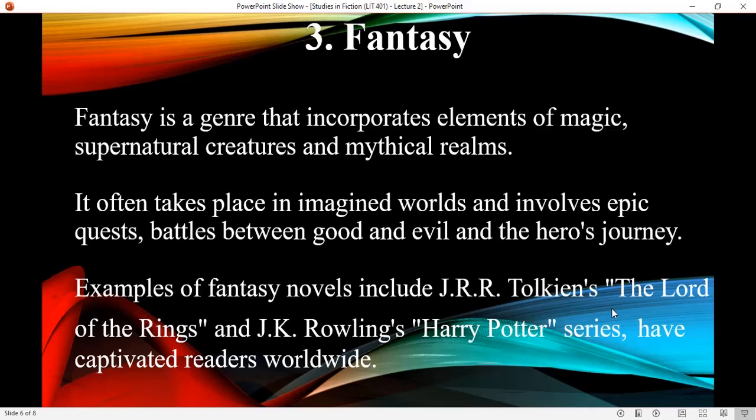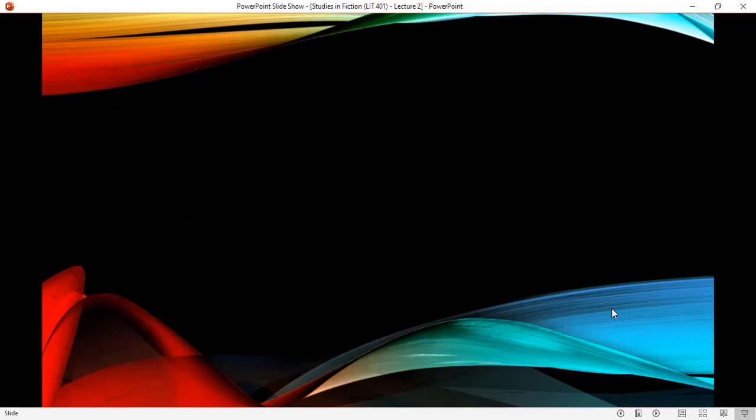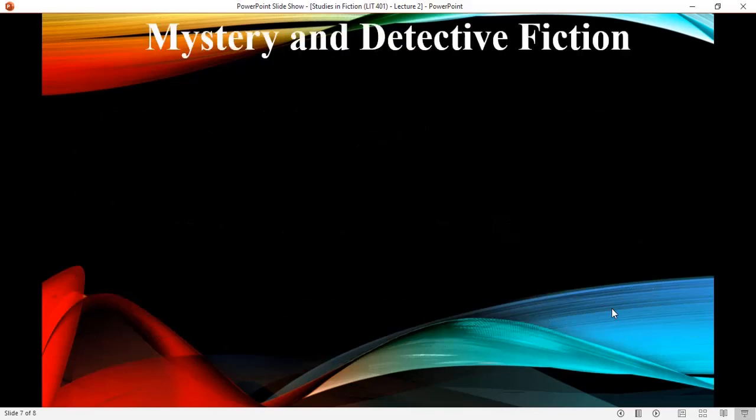Things that are beyond the natural. They are magical in nature, mythical in nature, supernatural in nature. Examples can be found in Tolkien's The Lord of the Rings and Rowling's Harry Potter. They are good examples of fantasy as a genre of literature.